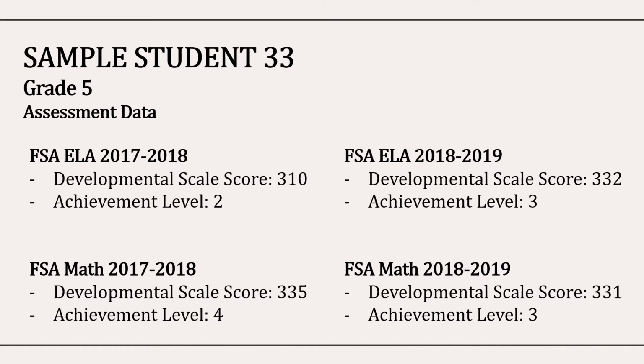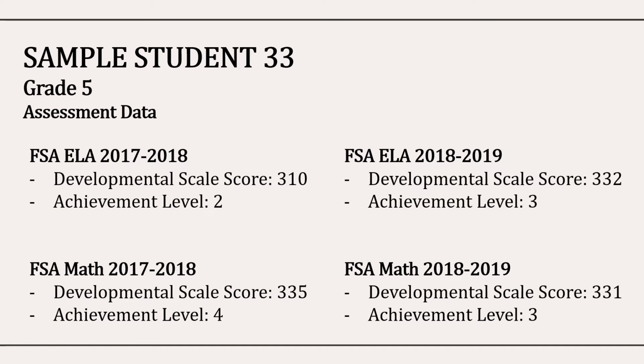As you can see, this student received a developmental scale score of 310, which places them in an achievement level of 2. Now, for the 2018-2019 school year, your child's developmental scale score went up 22 points to 332, moving up to an achievement level of 3.